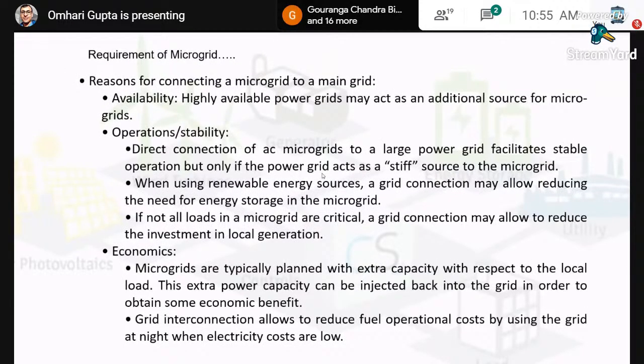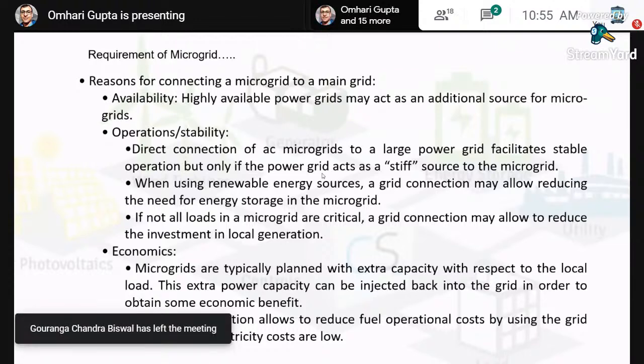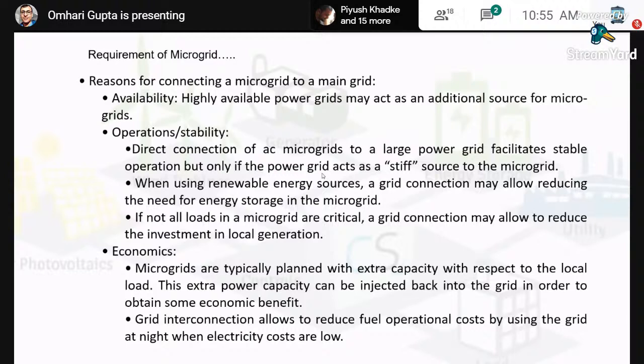Now, reasons for connecting a microgrid to a main grid. It is actually preferred to connect your microgrid to the main grid. There are several reasons. First, availability. Highly available power grids may act as an additional source for the microgrid.